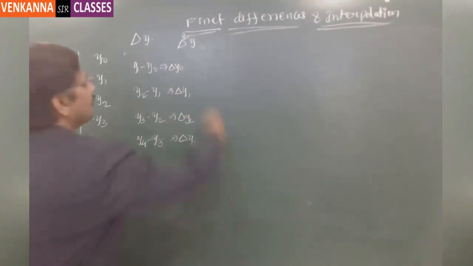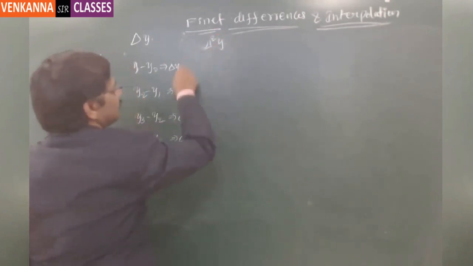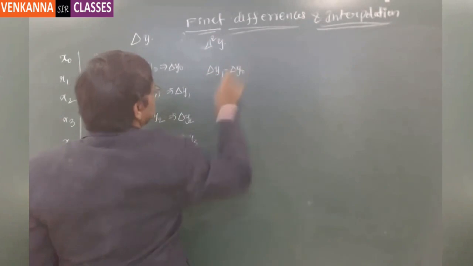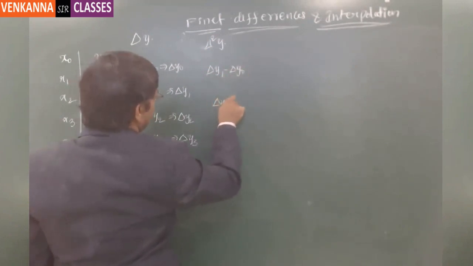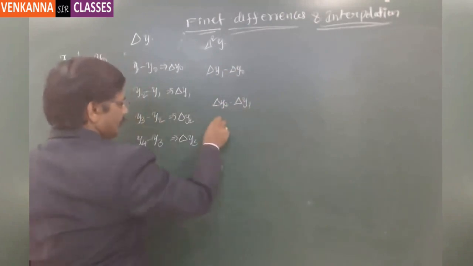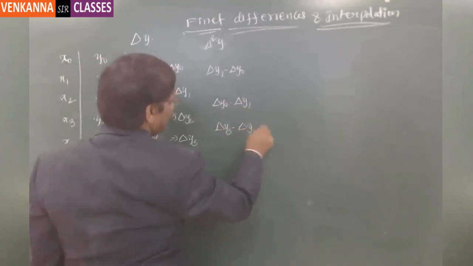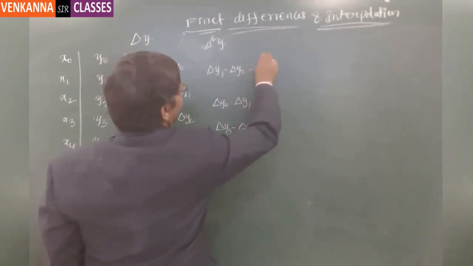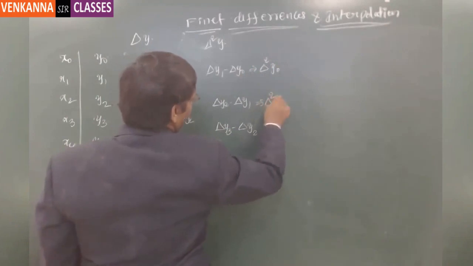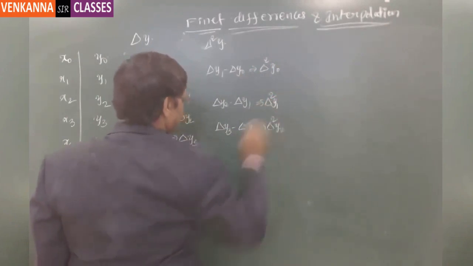If you want to find delta square, then take the difference of these: delta y1 minus delta y0, delta y2 minus delta y1, delta y3 minus delta y2. So this is delta square y0, delta square y1, and delta square y2.